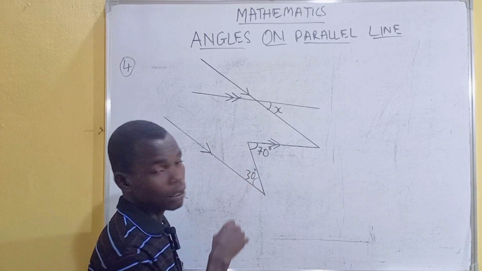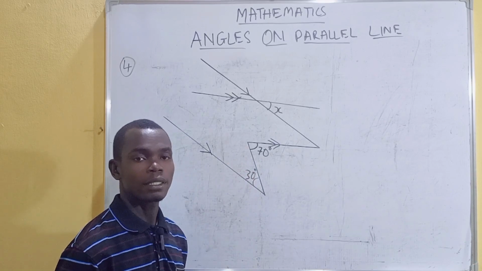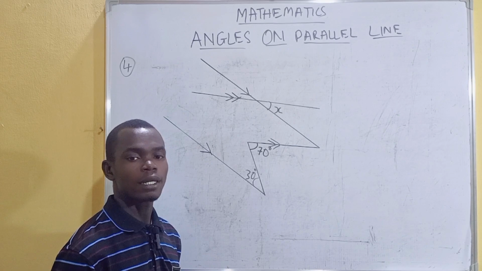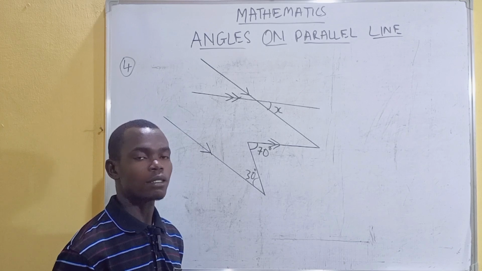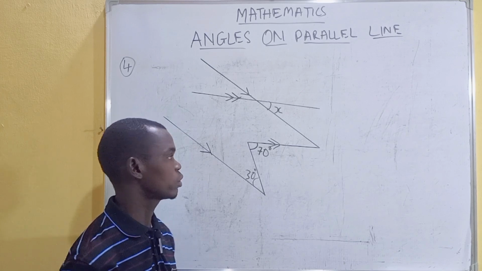We also know that both transversal line and parallel lines can be extended, and you can use either one to calculate the required angle as long as you have enough information.